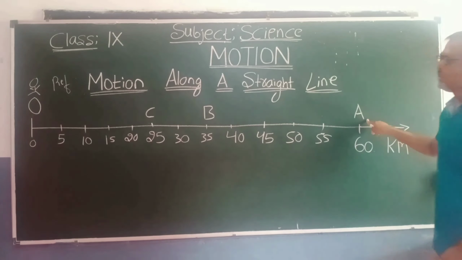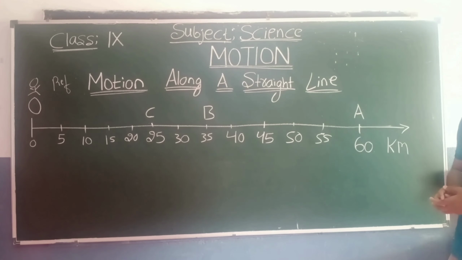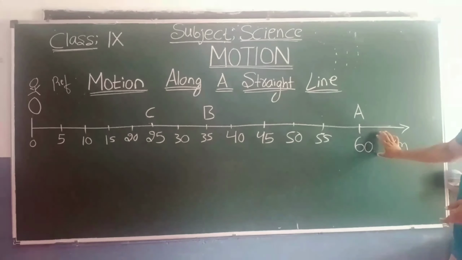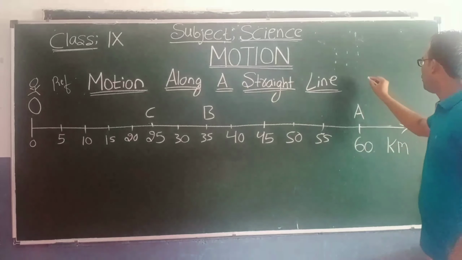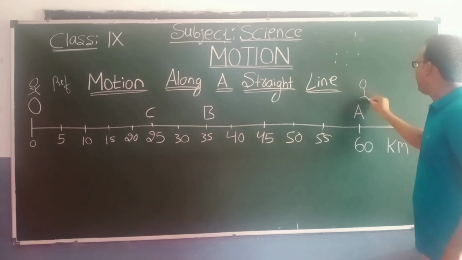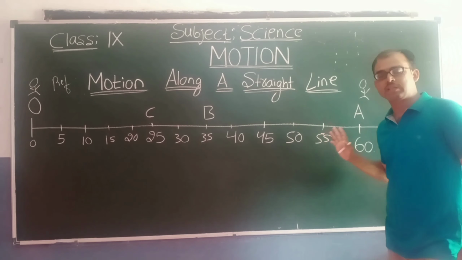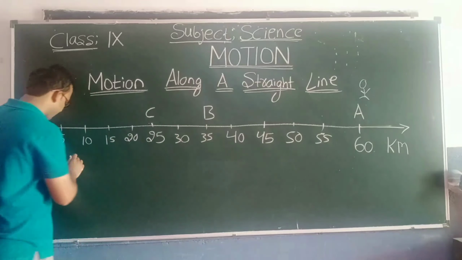During this time, how much distance has he covered? He has covered 60 kilometers. If he comes from O to A, then what does it mean? He has covered a distance of 60 kilometers.